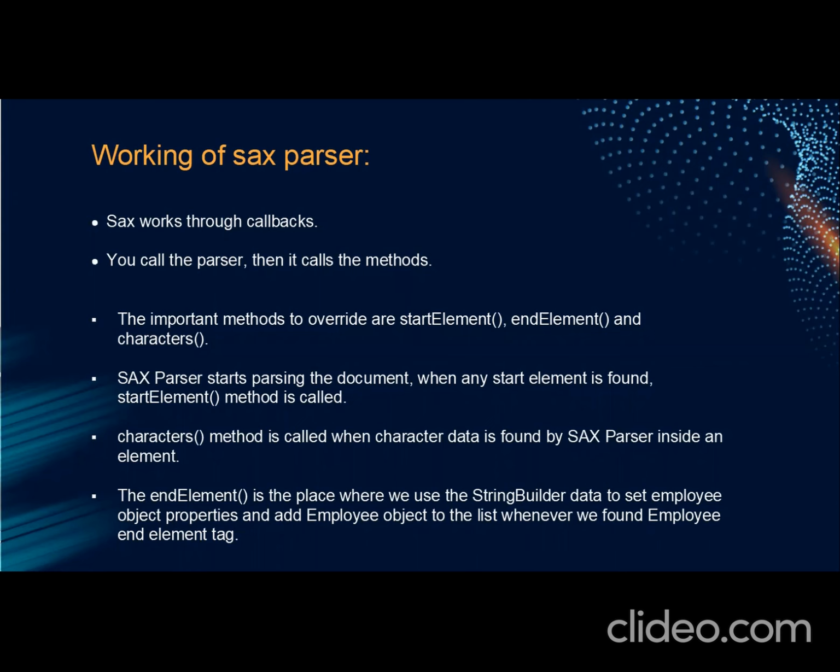When a SAX parser starts parsing the document, if any start tag is encountered, the startElement method is called. The characters method is called when any character data is found by the SAX parser inside an element. The endElement method is used to set employee object properties by using the StringBuilder data, that is, the data which has been gathered from the call of the characters method.